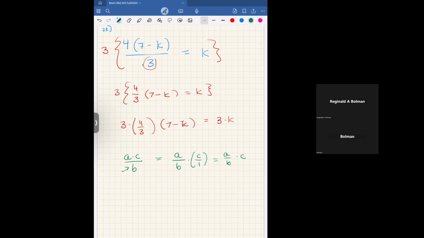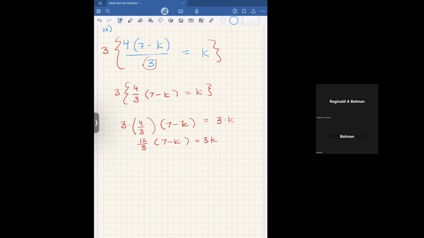Then, because we're multiplying both sides of our equation, 3 times 4 gives you 12, so you'll have 12 over 3. That doesn't seem as helpful at the moment, but 12 divided by 3 gives you 4. In fact, in the ancient manuscripts, they would skip this step.